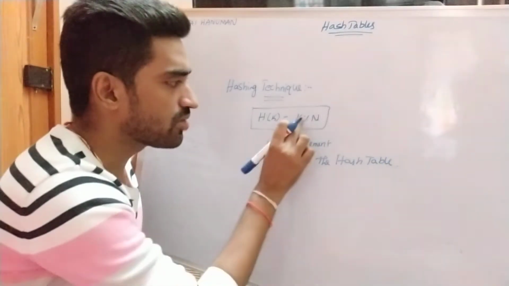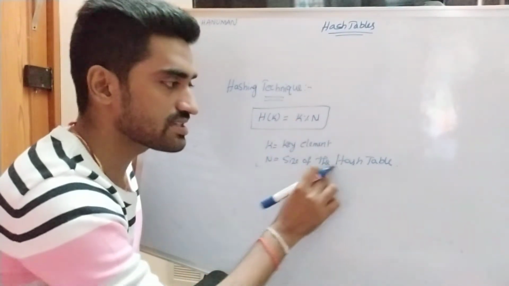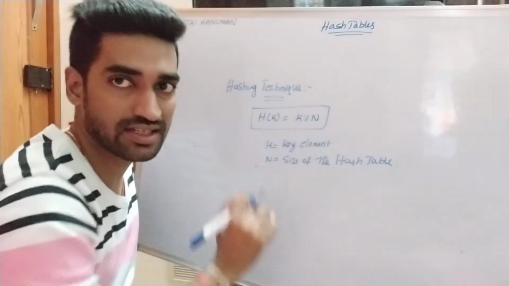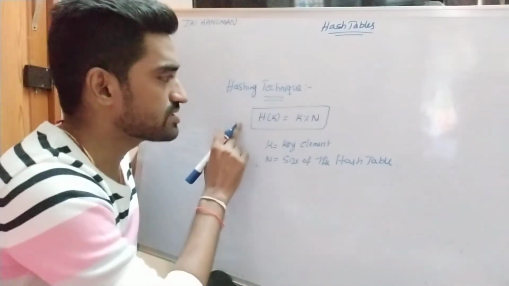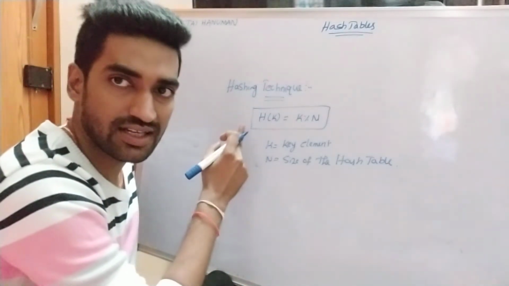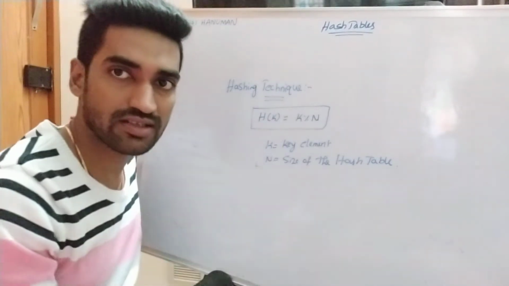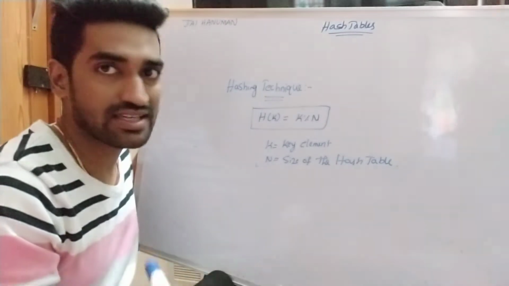We are applying the modulo division operation between the key element and the size of the hash table, right? So this is the formula for the hashing technique. The main objective is to reduce the time complexity of various searching algorithms as well as to retrieve or search an element in a constant amount of time, right? So this is the introduction to the hashing technique.